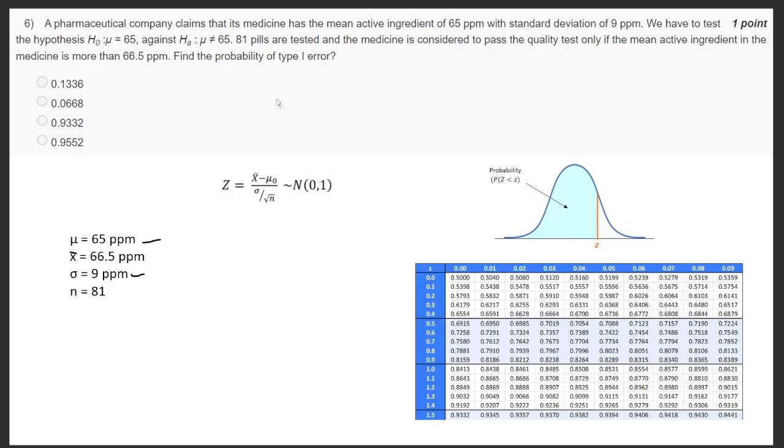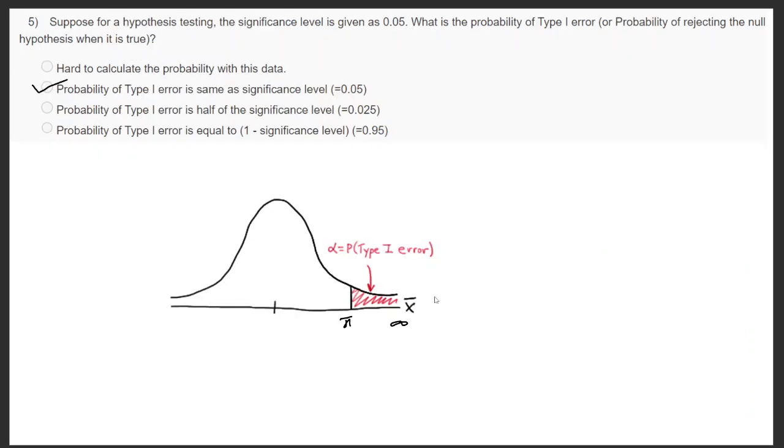In order to find the probability of type 1 error, in the sense of significance level, we have to find alpha. If you find out alpha, it gives the same as the probability of type 1 error. That is what we have seen previously.